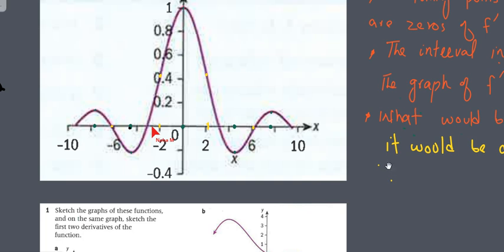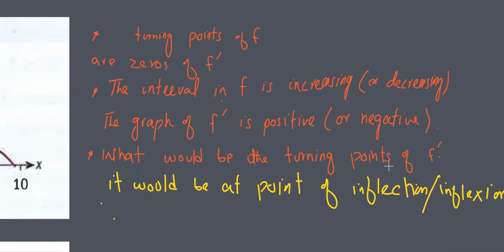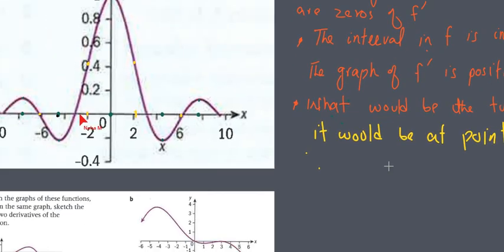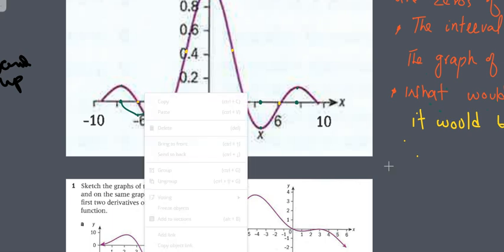We said that in the interval where f is increasing, the graph of f prime is positive, and where it is decreasing, it would be negative. If it is negative, it would obviously be below the x-axis, right? So I will get a curve like this, with negative values. I take f prime less than 0, and for this interval I will get the point of inflection at this point, the turning point for the derivative.